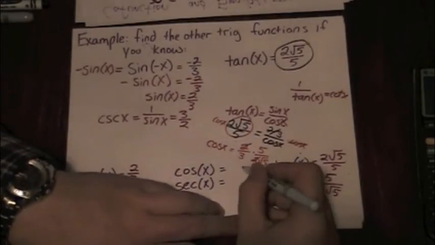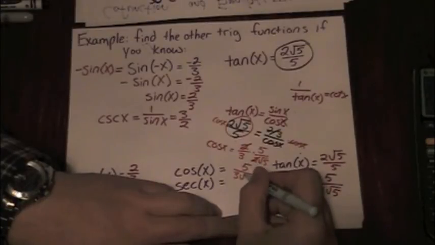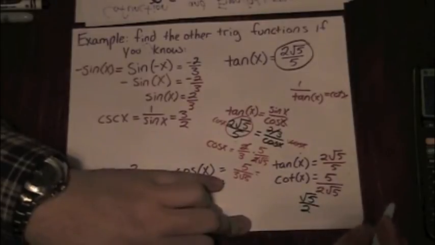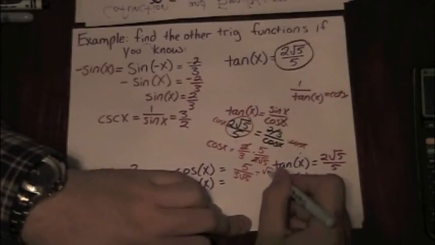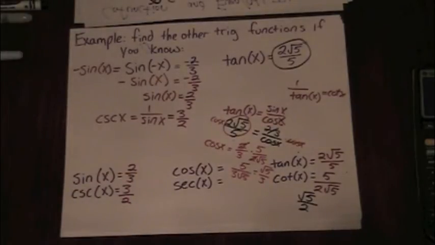My 2's are going to cancel to 1. I end up with 5 over 3 square roots of 5 is cosine. I could also write this as the square root of 5 over 3 by rationalizing the denominator.